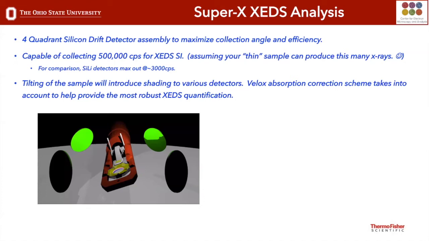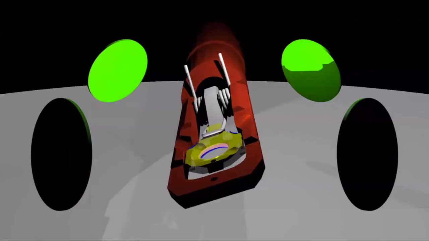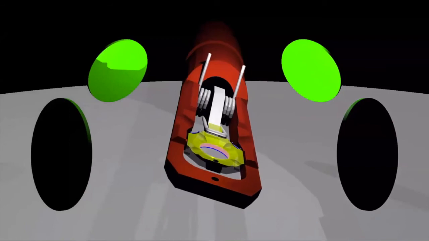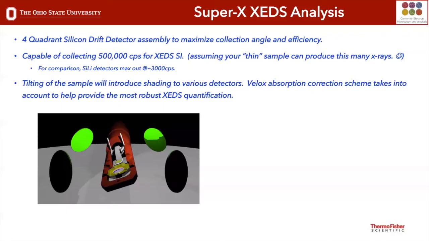What's really nice about these systems is that when you have these 4 detectors, you can see here that if the sample rod is tilted, it's going to shade the detector. So the X-ray signal is not going to be uniform on all 4 detectors, and this will change how you should quantify and what your background should be. Thermo Fisher has done a really nice job of going through this and calibrating and determining proper absorption metrics for the different detectors based off of the tilt.